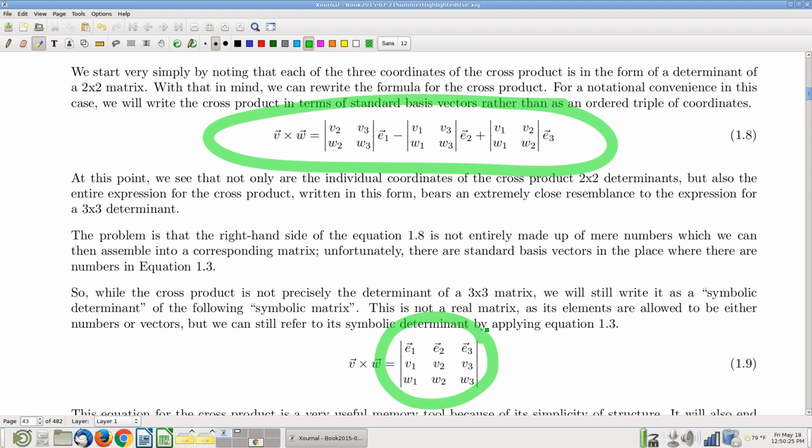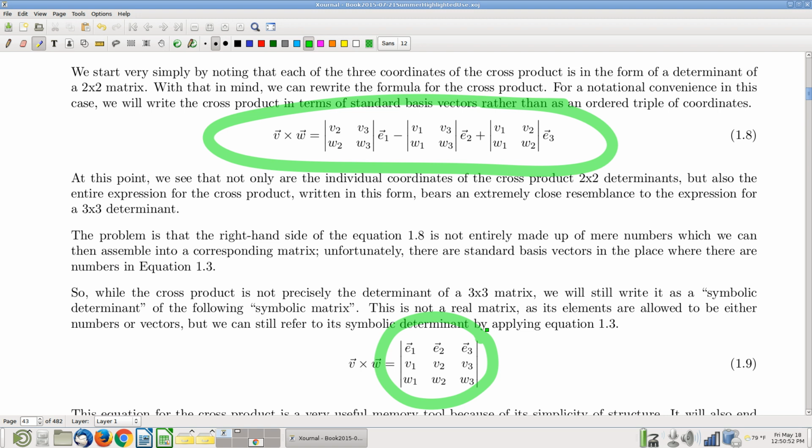Right? I mean, the structure of this looks like a 3x3 determinant. It's 2x2 determinants, plus, minus, plus, and then multiplied by these things, E1, E2, E3. It's as if we were taking a 3x3 determinant of this matrix, and I'm going to do the air quotes when I say matrix here. A matrix is supposed to have entries that are numbers, right?